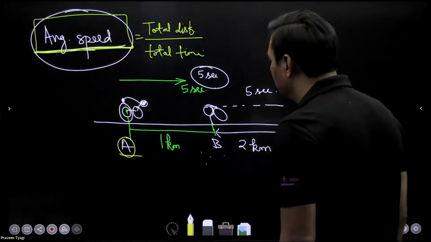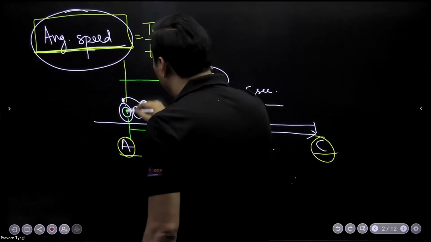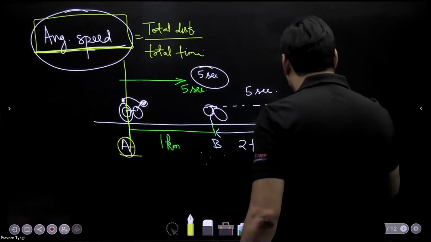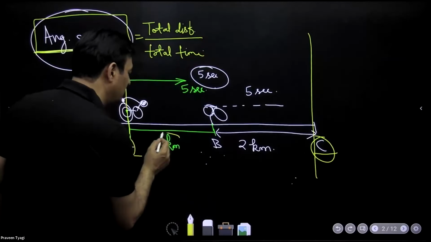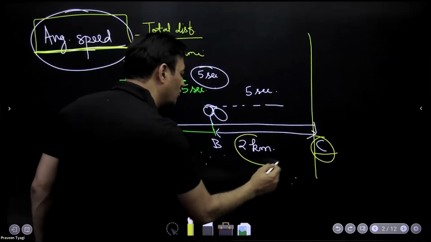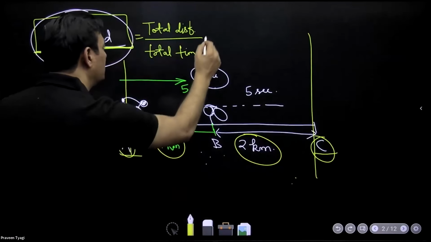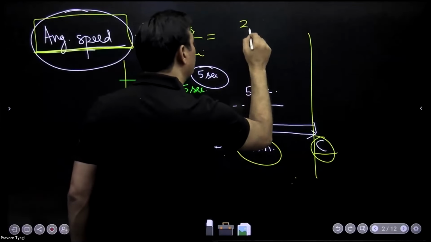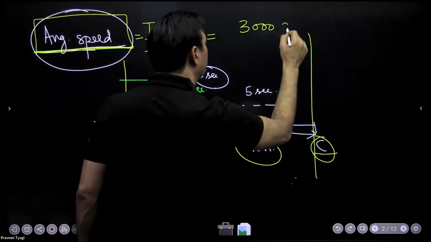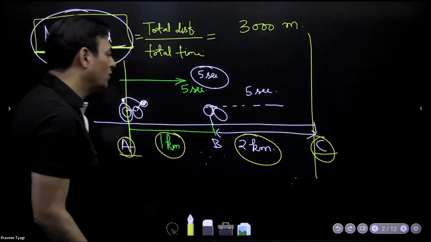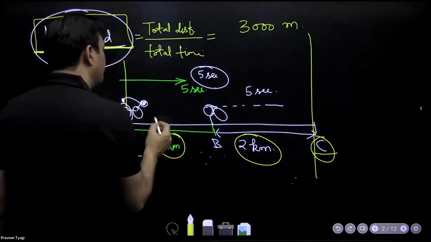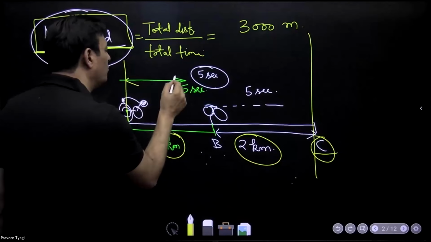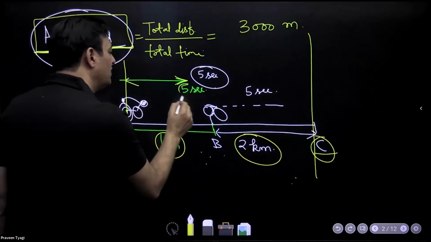Everyone, please be attentive. From A to B, let's see how much distance we have covered. 1 kilometer plus 2 kilometer. Total distance covered is 3 kilometer or 3000 meters. Total time taken: I took 5 seconds from here to here while I was driving.